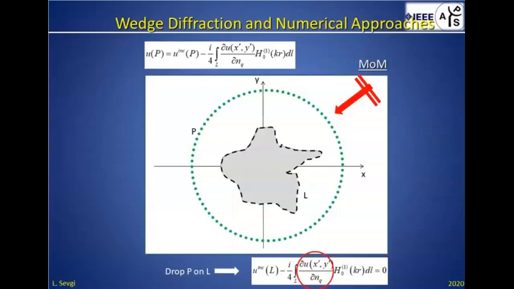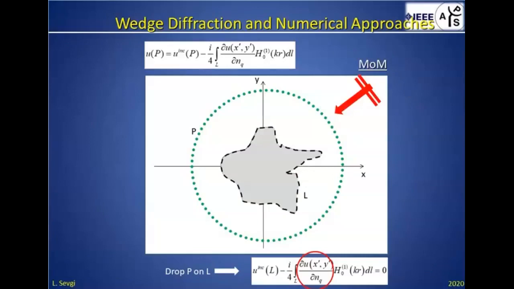So this is the generic scenario of method of moments. You know, method of moments is a semi-analytical, semi-numerical method. You need a Green's function solution in order to apply method of moments. So in the top equation, the scattered field U is equal to the incident field minus another term.